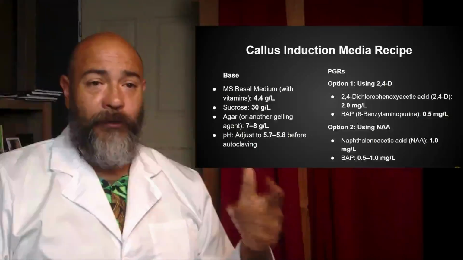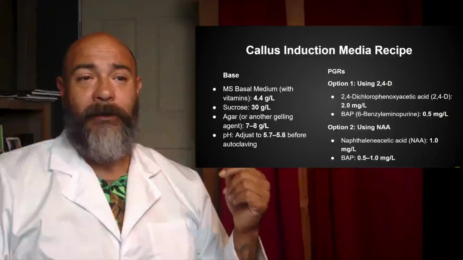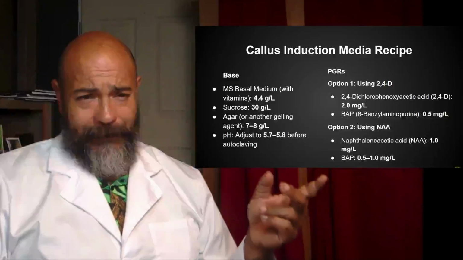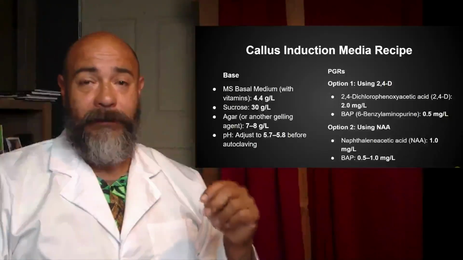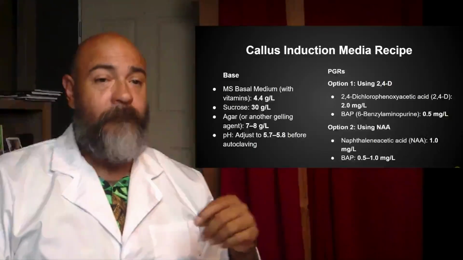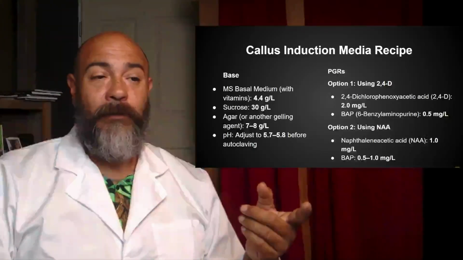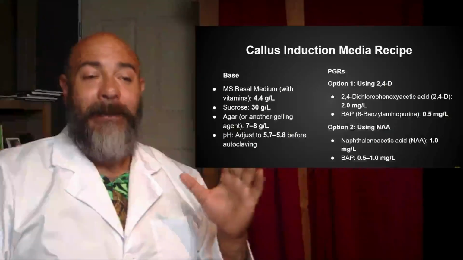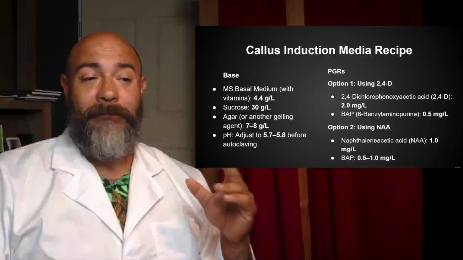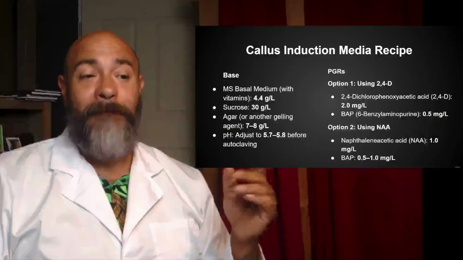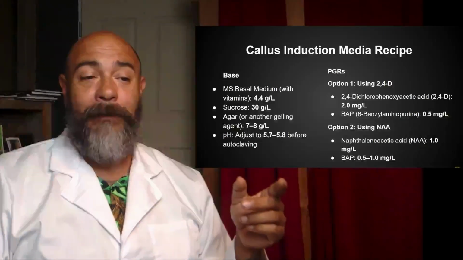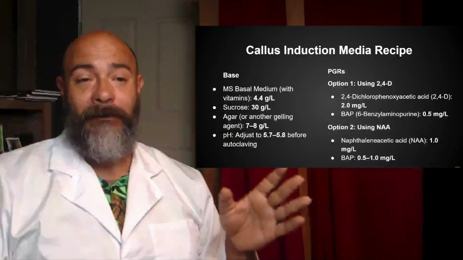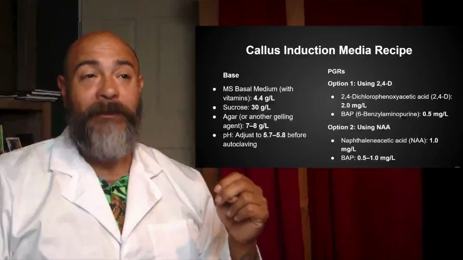You're looking at 2 milligrams per liter of your 2,4-D and only 0.5 milligrams per liter of your BAP. When it comes to option number 2, I generally would suggest either 1 milligram of the NAA and 0.5 of your BAP, up to 1 milligram. So then you're at an exact equal ratio.